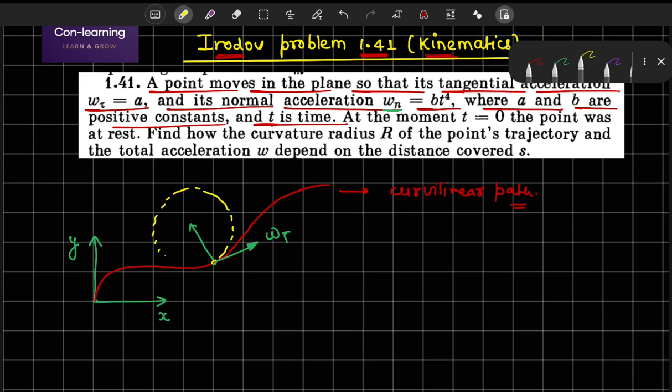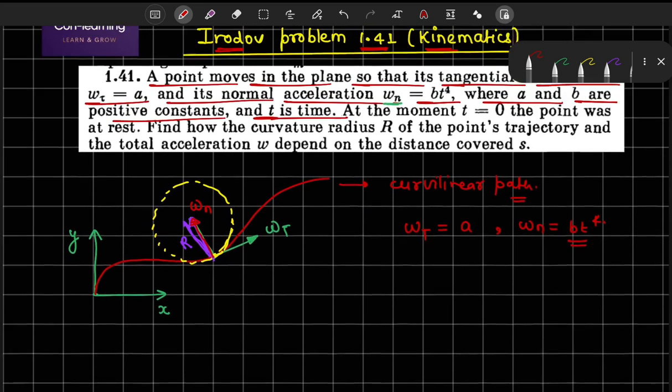This is the radius of curvature, and this is the normal acceleration towards the center of this curvature, let us say Wn. The expression of Wt is given as a and the expression of Wn is bt to the power 4, where a and b both are constants.